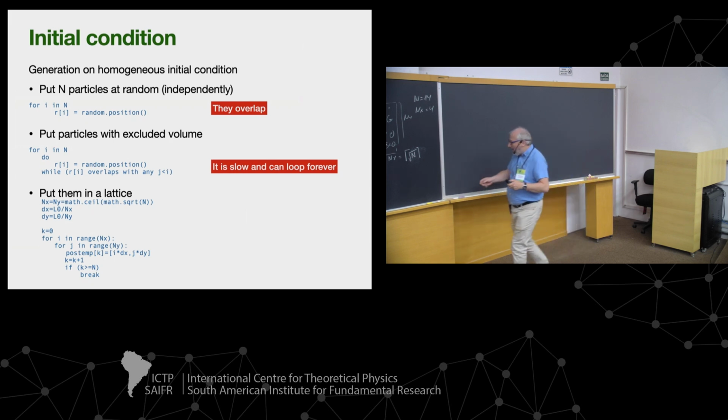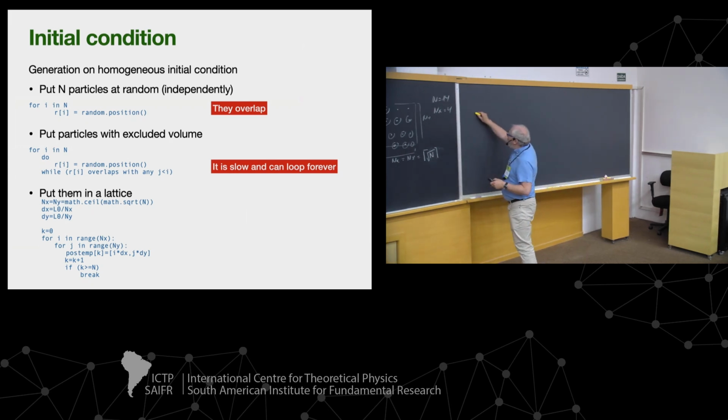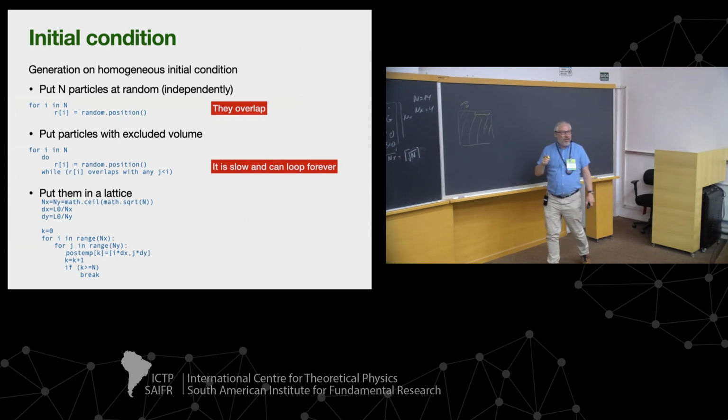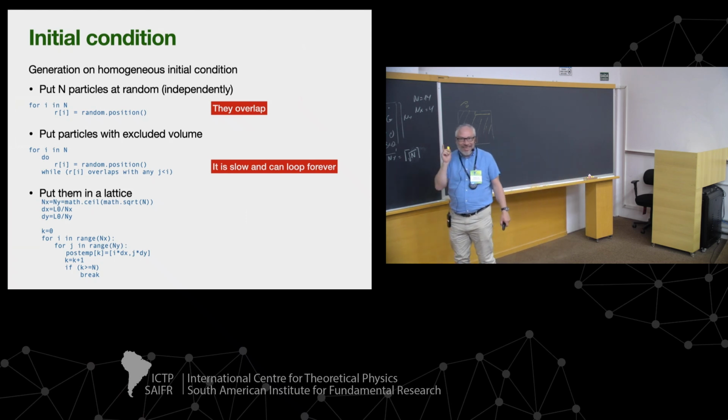The problem here is that if you map the initial density, it has a gap here. Yes? So the system is inhomogeneous initially. And this inhomogeneity has to relax.